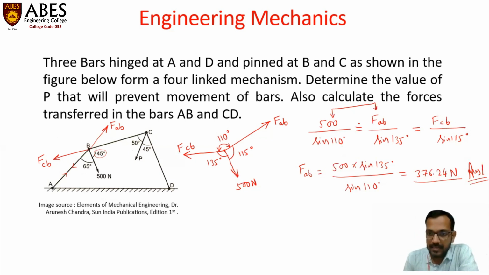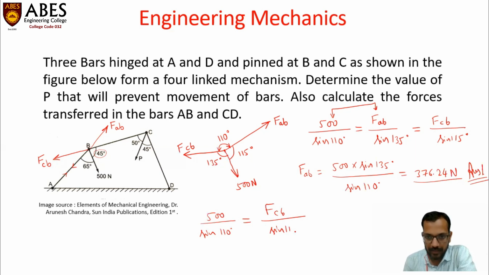Now, let's consider the first and the third term. 500 upon sine 110 degrees is equal to FCB upon sine 115 degrees, by considering the first and the third term and this Lami's theorem application.